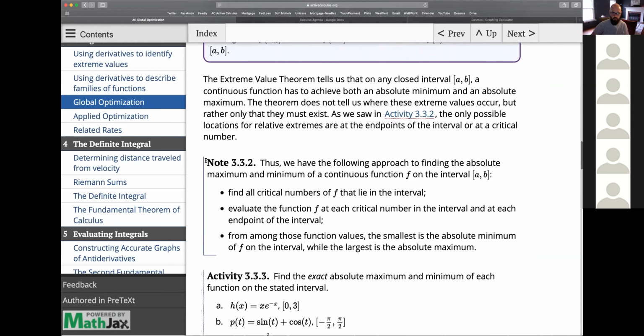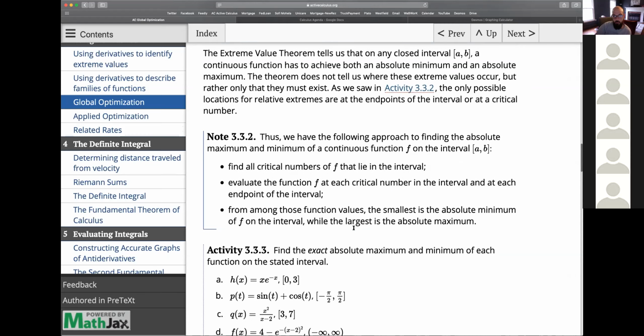This note right here is important, but the essence of it is when you're looking for absolute maximum and minimum values, the candidates are your critical points and your endpoints. So we are going to check our critical points, and check our endpoints, and then see what happens there.